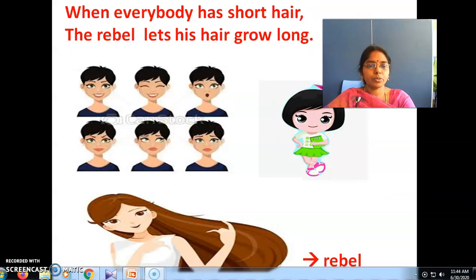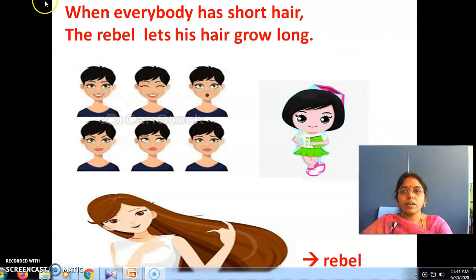Now the first two lines. When everybody has short hair, the rebel lets his hair grow long. See here, all are having short hair, even the small cute girl. But the rebel likes to grow his hair long. He wants to be different.